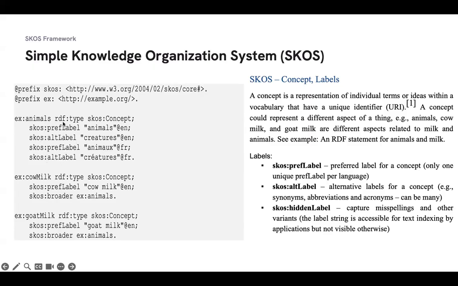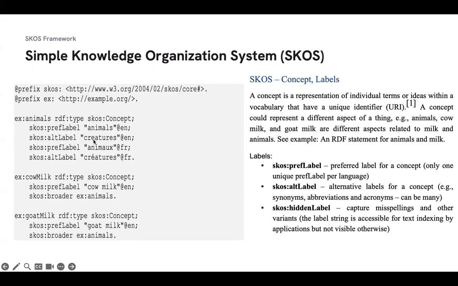So these ones are called labels. This prefLabel is referring to the preferred label for this concept. So what it's saying is if this concept is to be used in a system that is user facing, then the label that can appear is this. It could be slightly different from the concept name, but that is the preferred label.